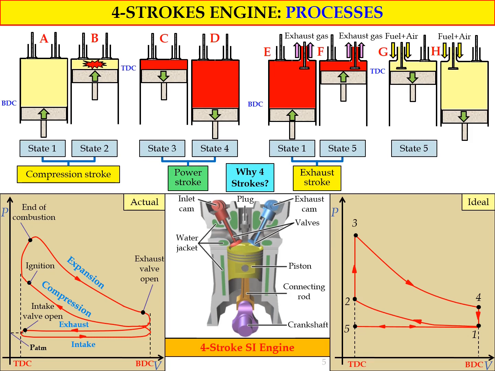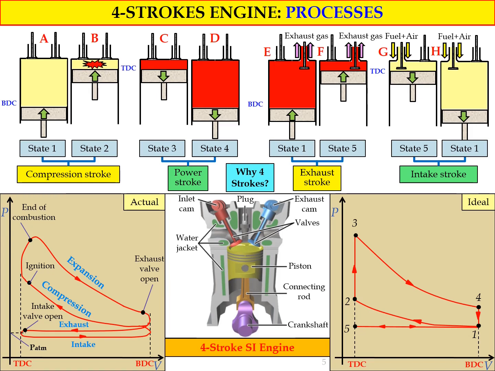The last one, figure G represents state number 5, and figure H represents state number 1, and we call it the intake stroke because it involves the intake process, and the piston movement involves 1 stroke from TDC to BDC. So overall in one cycle we will have 4 strokes: compression stroke, power stroke, exhaust stroke, and intake stroke. So that's why we call this kind of engine a 4-stroke engine.